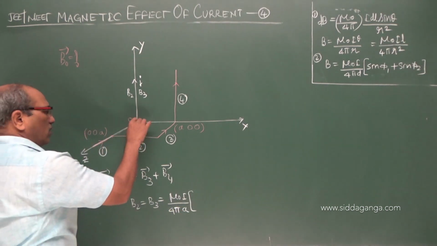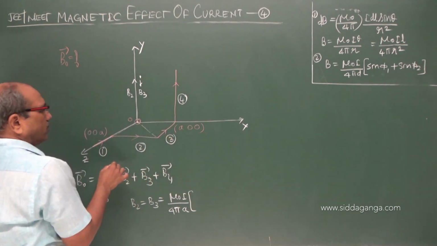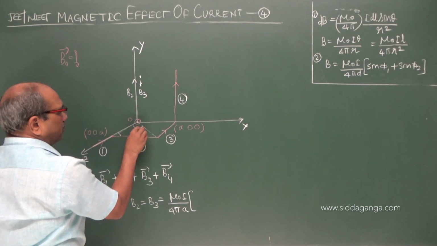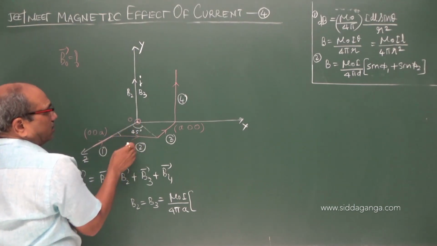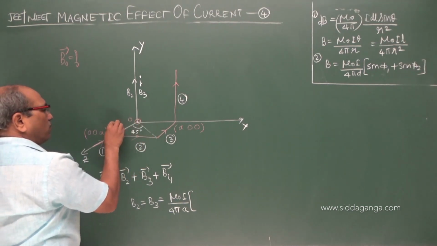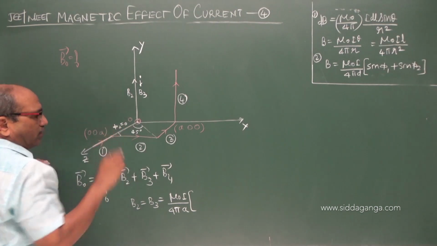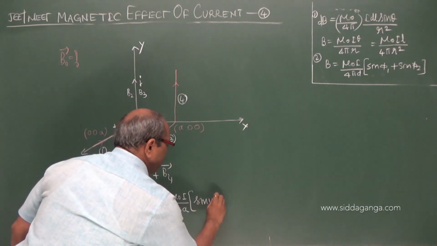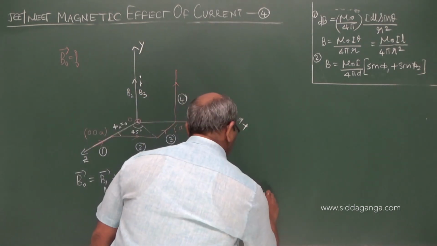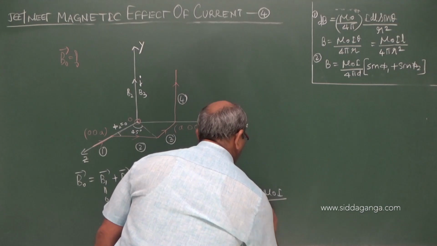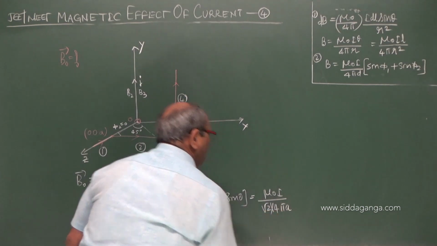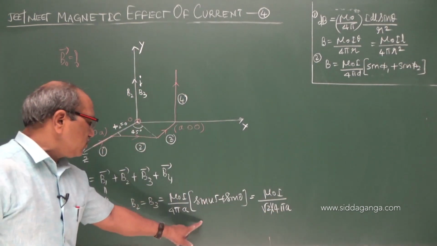But when I take this, split it. Here it is 90. This is 45, which means this angle is 45 degrees. And the other is the end. We have to see at the point, one end producing here, the other end phi 2 is 0. Phi 1 is 45. That means sine 45 plus sine 0. What you will get is mu naught I by root 2 into 4 pi A, because sine 45 is 1 by root 2.